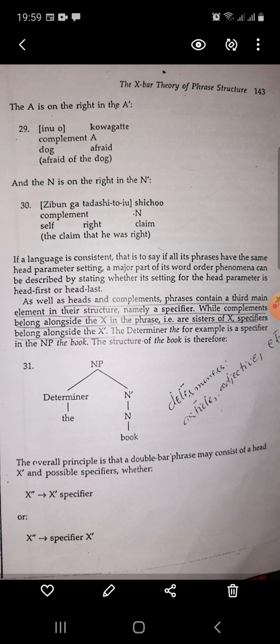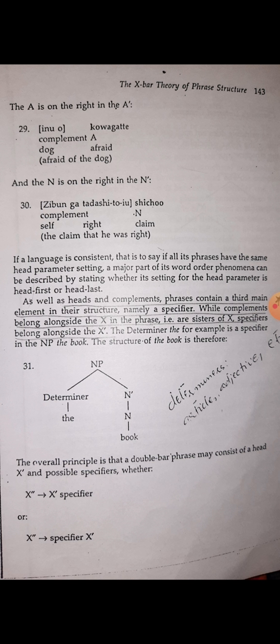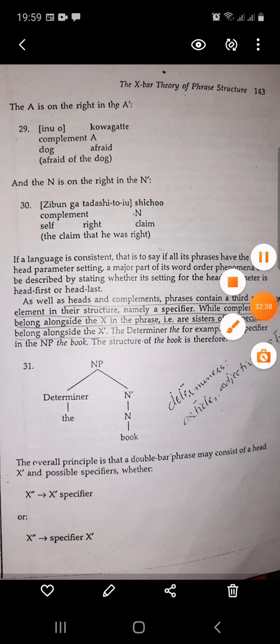In the beginning of a sentence, whenever a noun phrase is coming in the place of a subject or in the place of an object, wherever it is coming, if it is preceded by modifiers, then he is not going to take those modifiers as complements, he is just going to take them as specifiers.